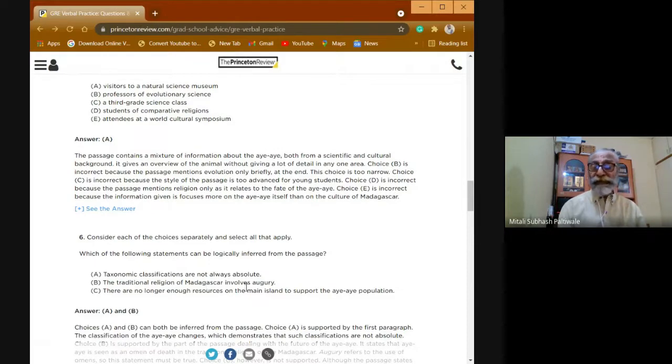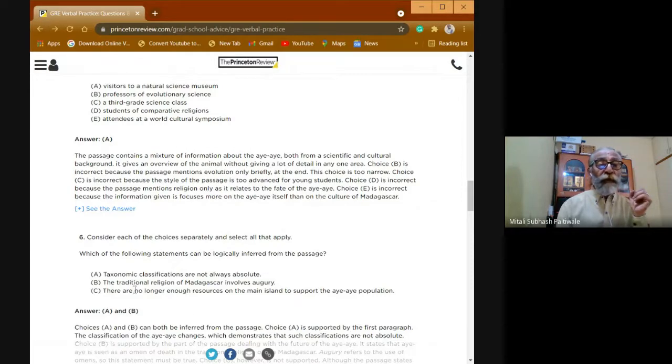What are the lines that can relate to the passage? So which of the following statements can be logically inferred from the passage? Can be logically inferred means it should logically fit into the passage.